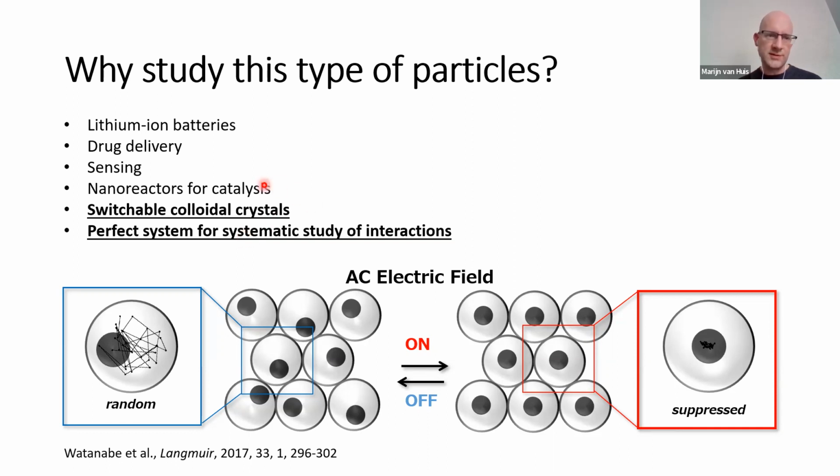You can use this as nanoreactors for catalysis, so for optimum mixing, let's say. You can think of switchable colloidal crystals, switchable in terms of light, because they are susceptible to electric fields. So you can turn on an AC electric field, and depending on the frequency, these particles will take particular positions.